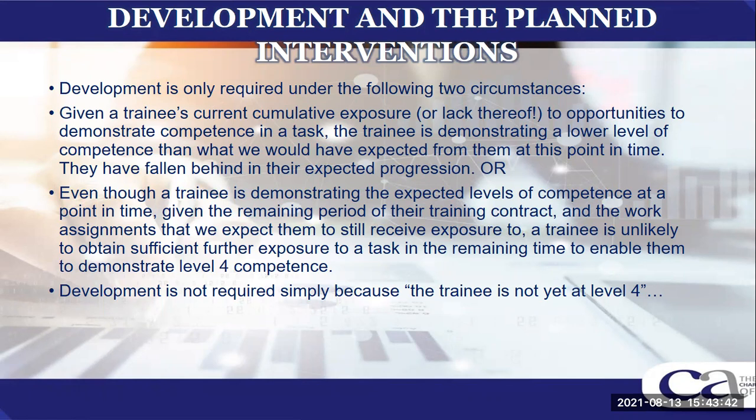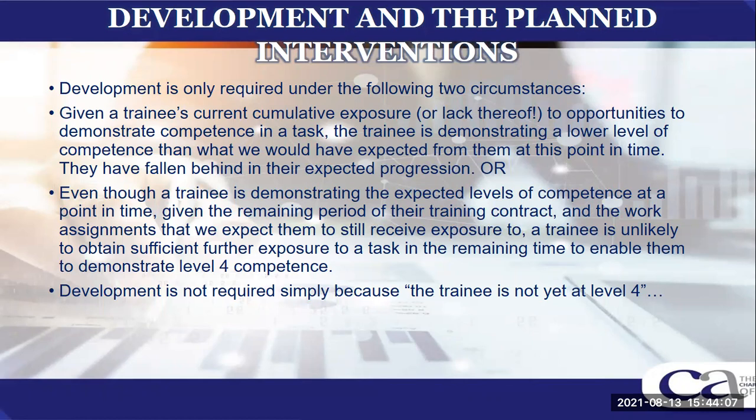So you'd see that development is only required under two circumstances. One, given a trainee's current cumulative exposure to opportunities to demonstrate competence in a task, the trainee is demonstrating a lower level of competence than what would have been expected from them at this point in time. This would mean that they've fallen behind in terms of their expected progression, right?